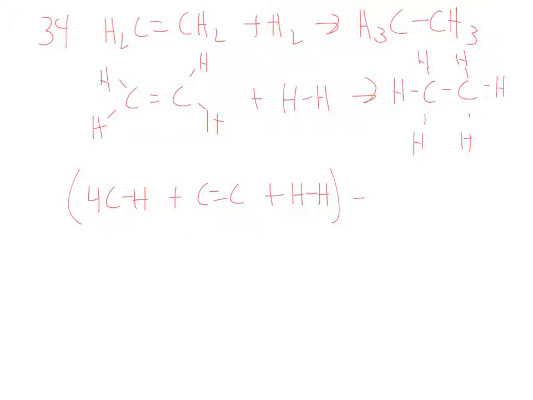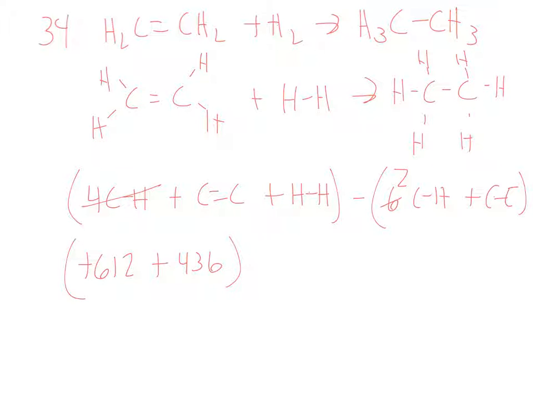And from that, I have to subtract the value of 6 CH bonds and 1 carbon-carbon single bond. So really, when I look at my net here, I've got a net of 1 carbon-carbon double bond, or positive 612, plus the hydrogen-hydrogen single bond, which is 436.